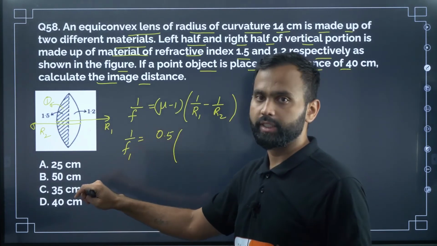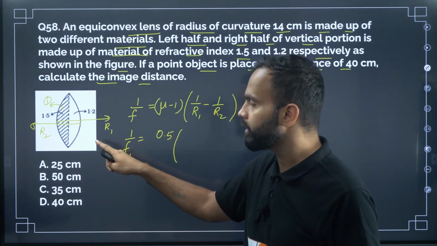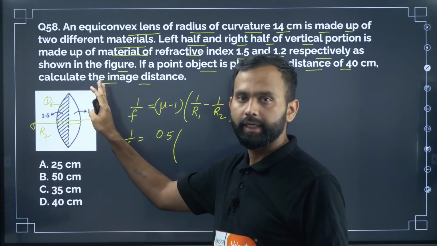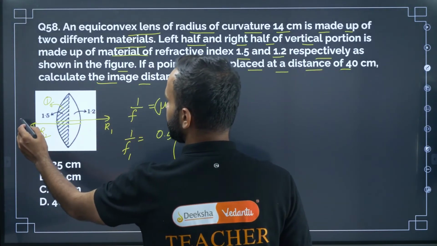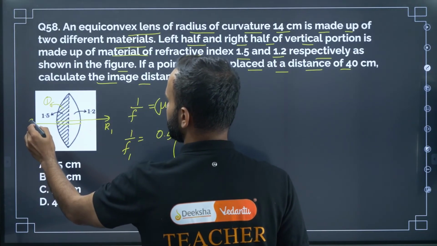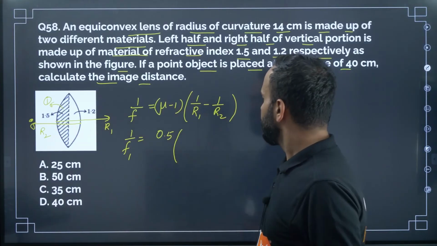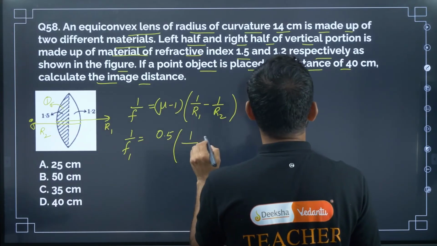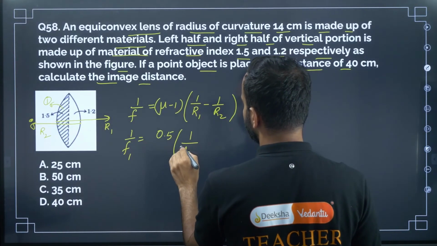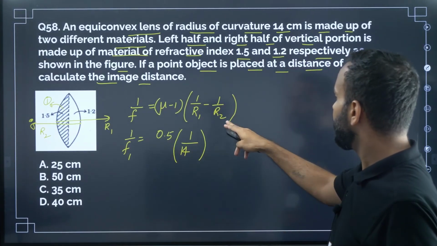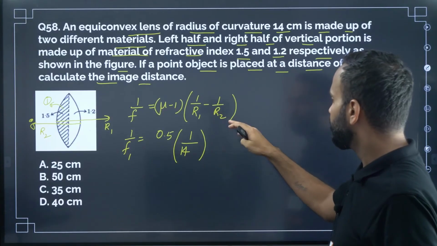It is plus 14 centimeter, because the direction of measurement of r1 is the same as the direction of the incident ray. Somewhere here we have placed the object, 40 centimeter from the equiconvex lens. So 1 divided by r1 is 1 by 14 centimeter, and r2 is infinity, so 1 by r2 is 0.